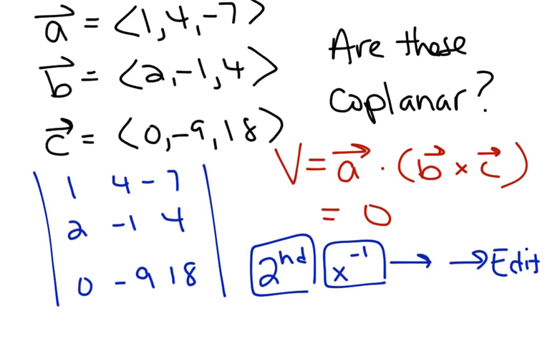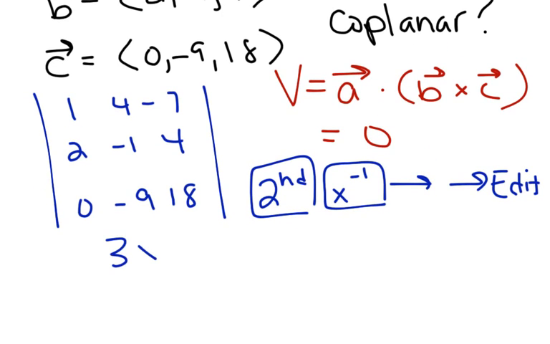The dimensions of this particular matrix are 3 by 3. There are 3 rows and 3 columns. So change it to say 3 by 3 and then type in your numbers. Let's see, -1, 4 and 0, -9, 18. I'm plugging it into my calculator right now. Once you get the numbers plugged in, you quit.